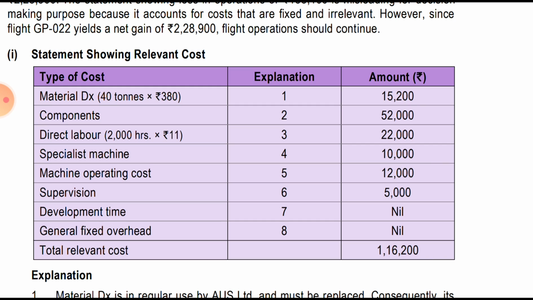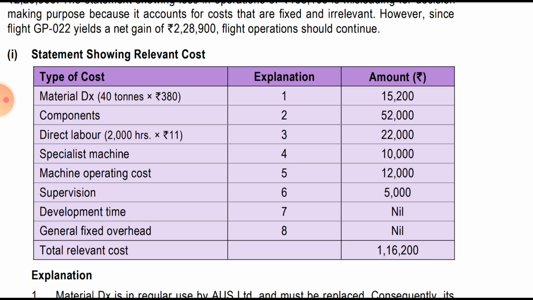Then for that component the cost was 52, so we had written 52 over here. Then the special machinery cost, as I explained, 15,000, 20,000 and 10,000, whichever is lower, so 10,000. Then the machine operating cost is 12,000, which they had given directly in the question. Then supervision cost: the salary of the supervisor will be ignored because it has already been incurred and is not an additional cost for this offer, but they are paying an additional bonus of 5,000 to the supervisor, so that will amount to the cost of this new order.